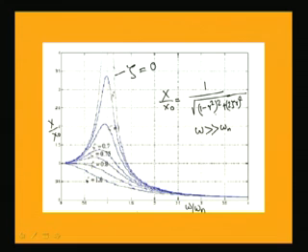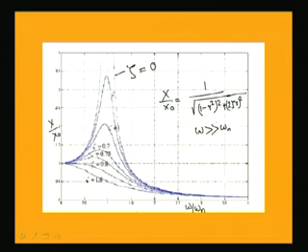The denominator will be a very large term, and this tends to 0, or you get a very small number, so X by x0 will be very small.